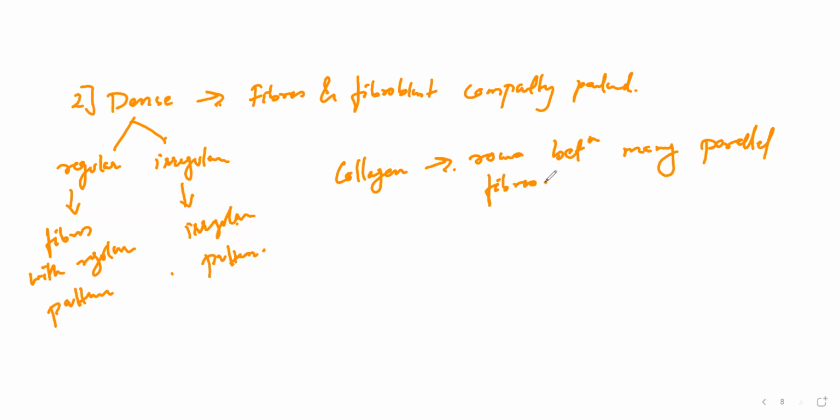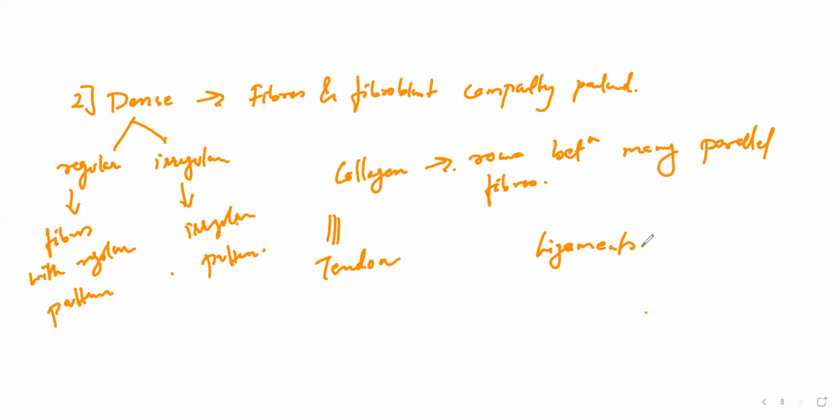Parallel means obviously they will be in a regular arrangement, right? One of the examples over here is collagen. The types over here are tendon and ligament. These are the types which come under the dense regular connective tissue.